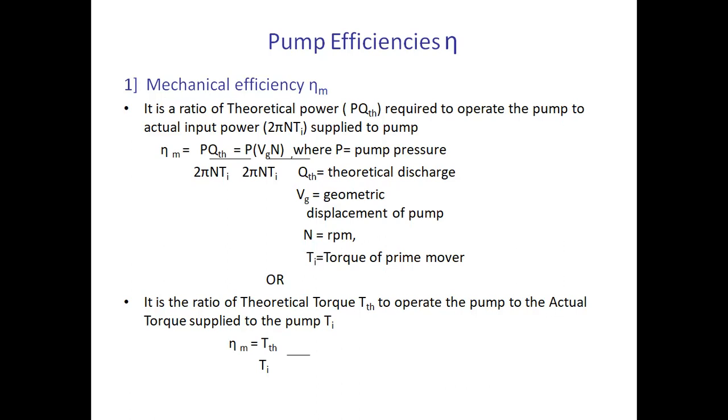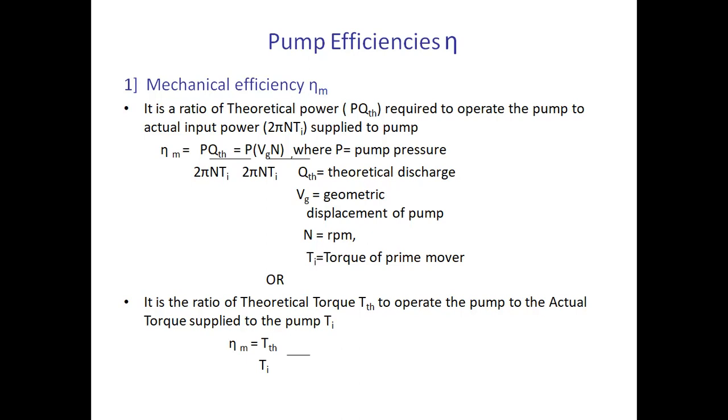N is the speed and Vg is the geometric displacement of the pump. Q is the theoretical discharge. P is the pump pressure. So finally, mechanical efficiency equals P Q theoretical upon 2 pi N Ti.